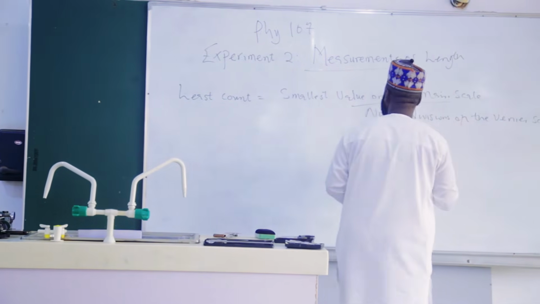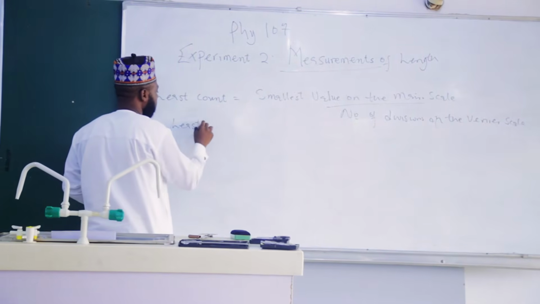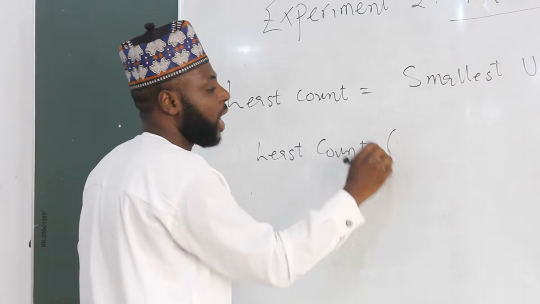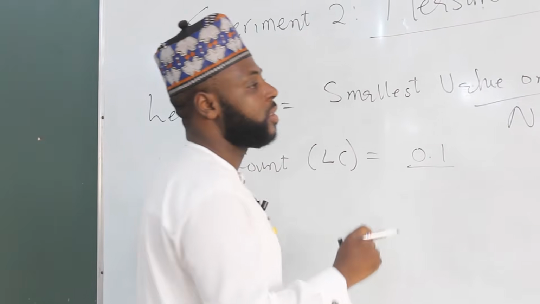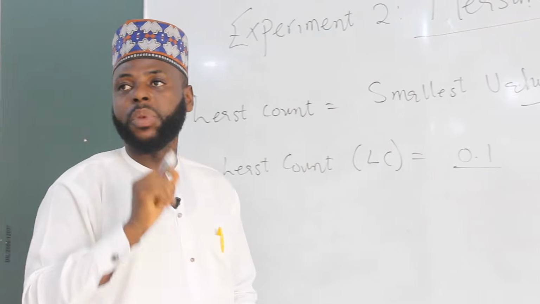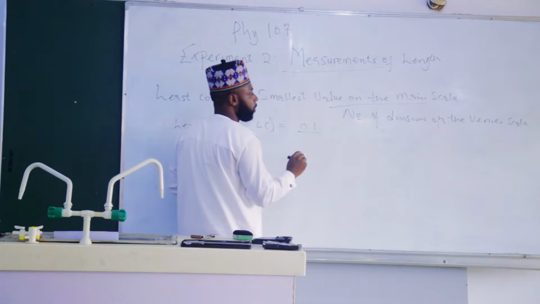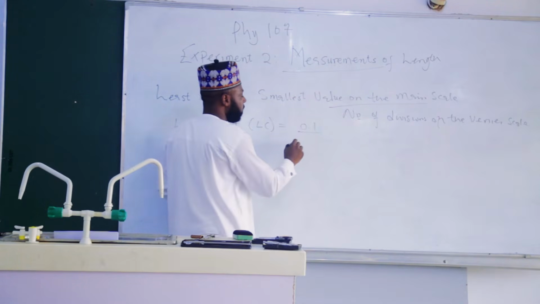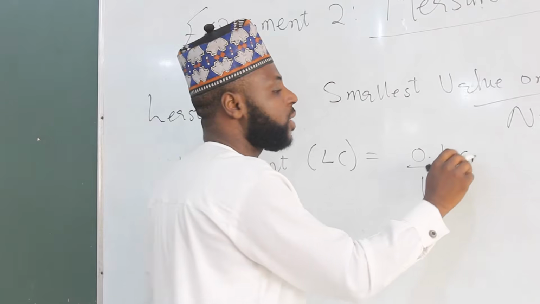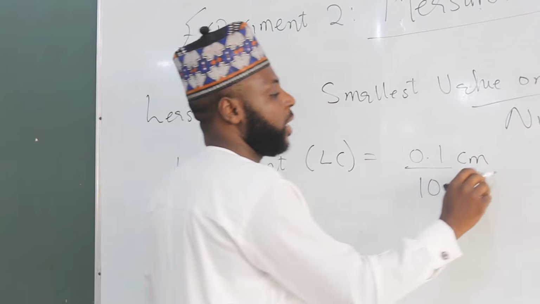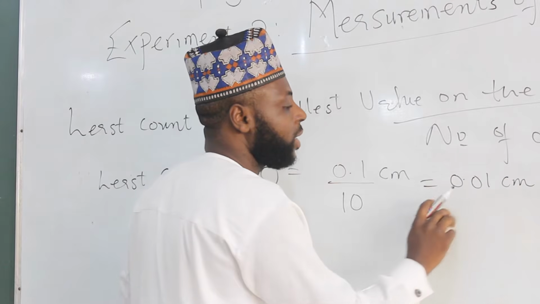So the least count, represented as LC, is equal to 0.1, the smallest value that can be measured on the main scale, divided by the number of divisions on the vernier scale. In this case, the vernier scale has 10 divisions. So 0.1 centimeter divided by 10 will give us 0.01 centimeter. And that is the least count.